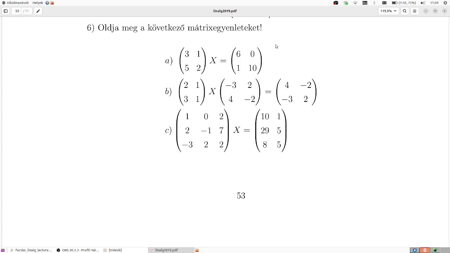That will be the equal matrix. So the X matrix is this A inverse multiplied by B. Question. So what is it?